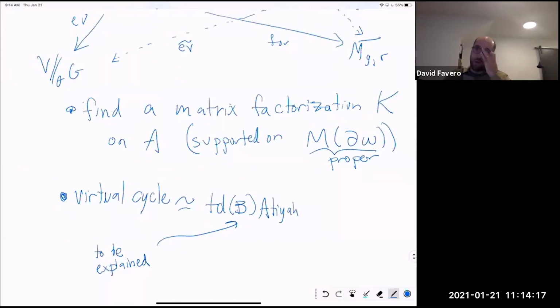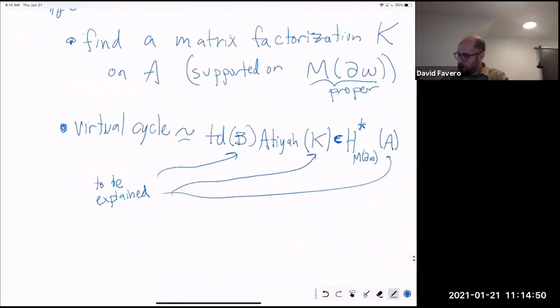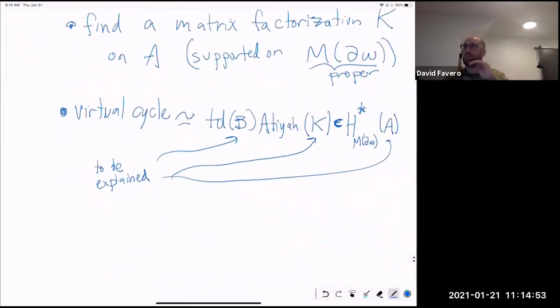I should say this is some kind of localized Atiyah class, so that it lives in the cohomology with support on maps to the critical locus of this A. All these things are to be explained: K, A, and B. And sorry, there's an ev. This thing lives in the twisted Hodge cohomology with respect to this map, this function.